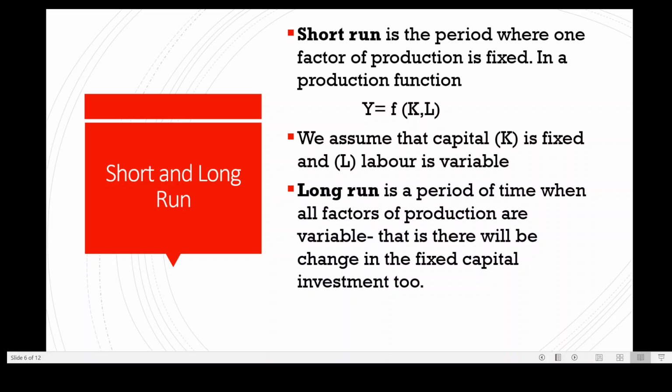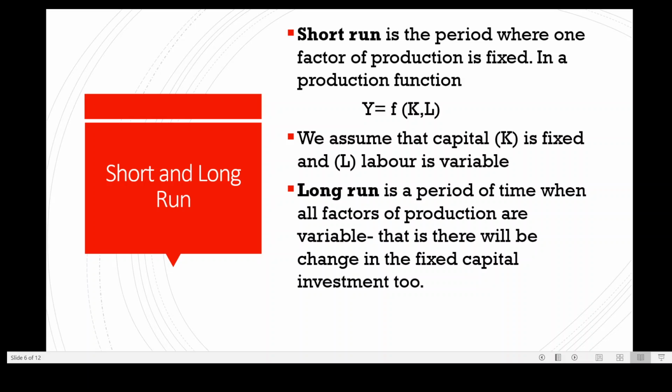We have two important periodicities related to costs: the short run and the long run. The short run is defined as a period in which one factor of production is fixed. In a production function, y is equal to a function of capital and labor. That's a two-factor production function. We assume that capital will remain fixed and labor will vary.